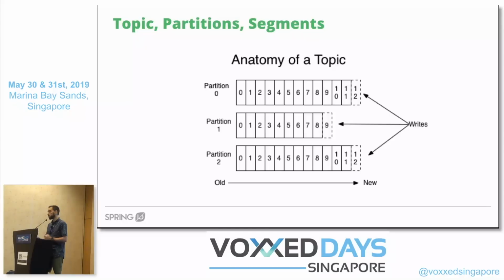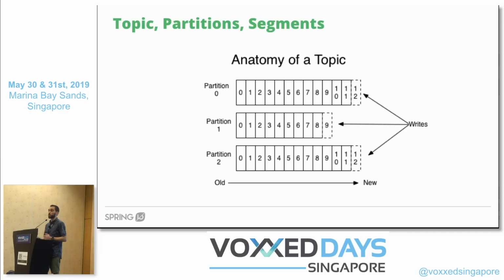But internally, a topic can be partitioned, and that's how we scale, from the producer and also the consumer side. Imagine that you have multiple brokers in your Kafka cluster. You can partition your data based on partitions that you define at a topic level.